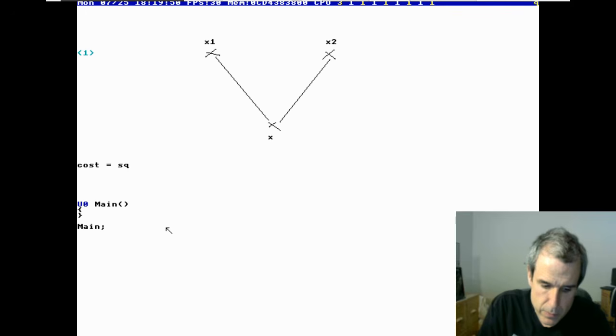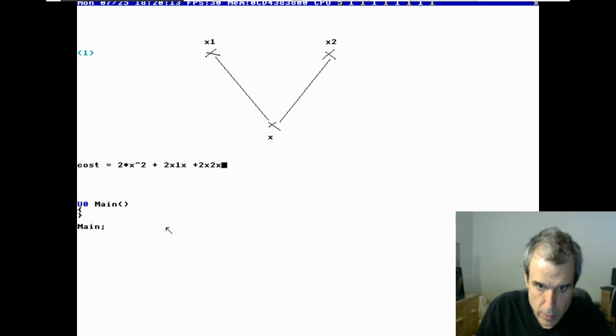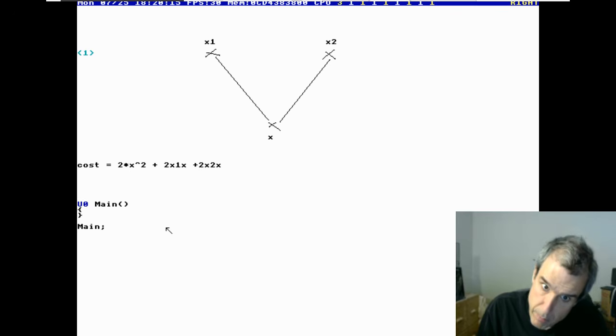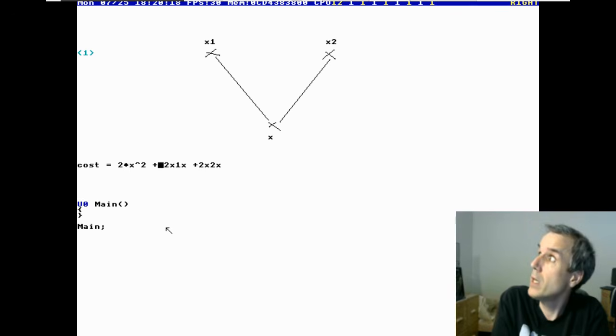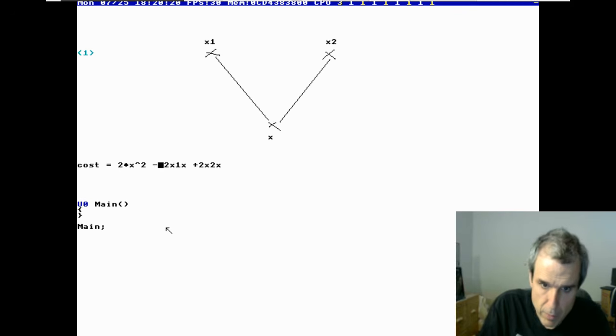Cost equals square root. Well, let's just write the answer. 2x squared plus 2x1 x plus 2x2x. Okay, is this going to be minus? Let's see. These are both negative. Minus 2.